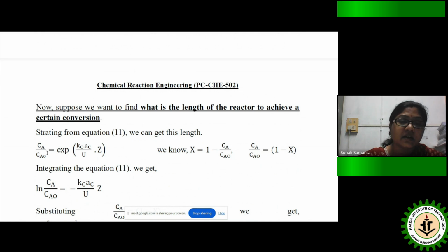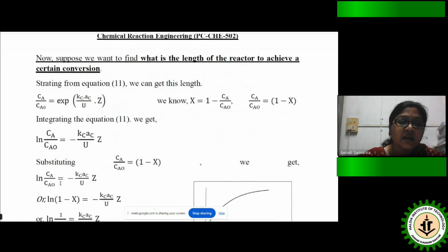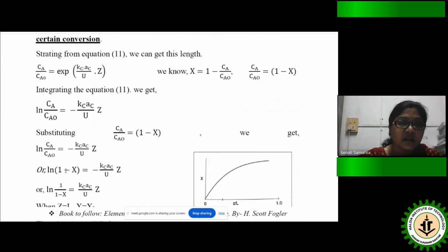If we substitute CA by CA naught here, we get the equation in terms of conversion.